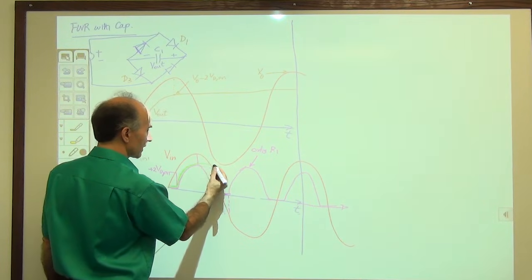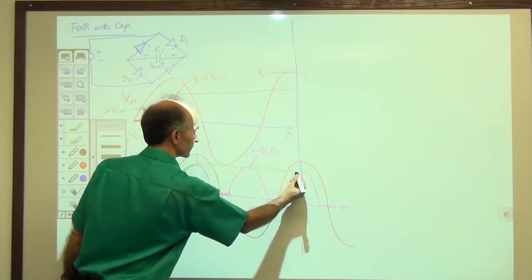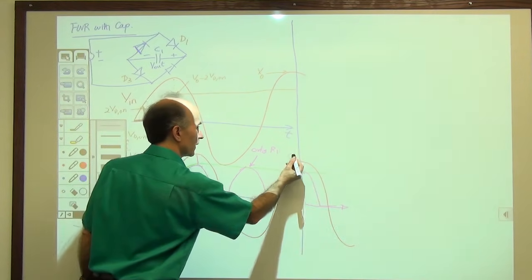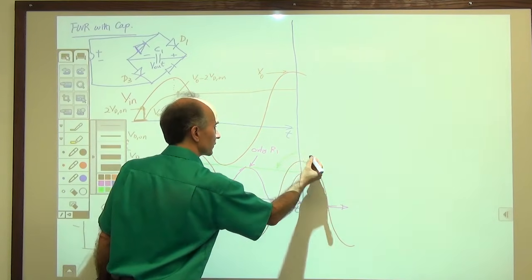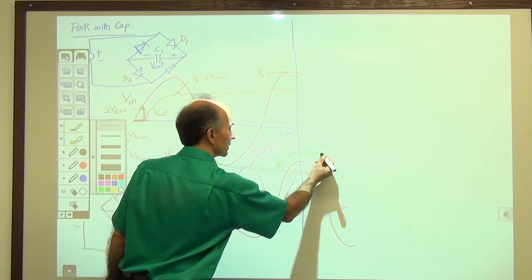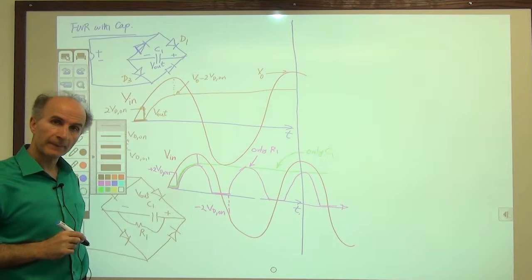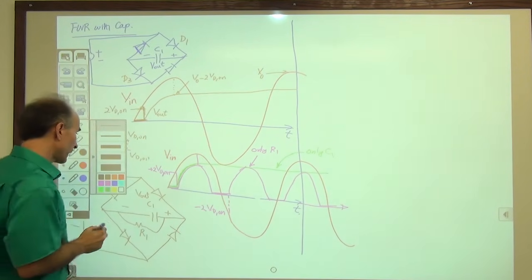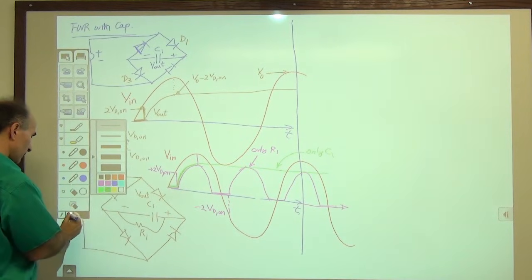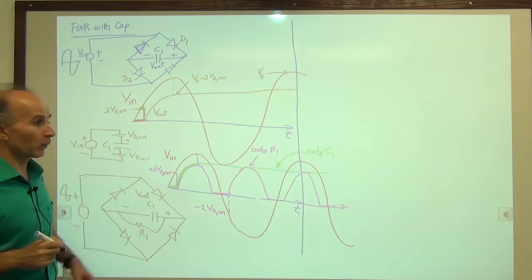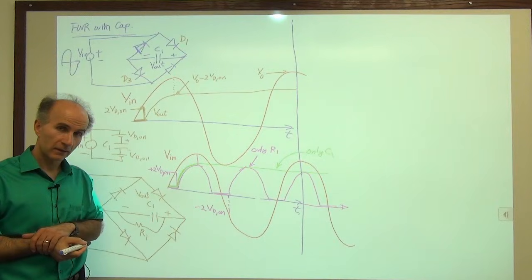And then it stays constant. So the green waveform corresponds to only C1.